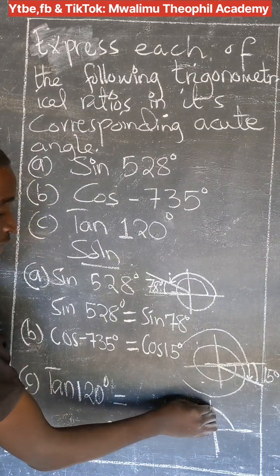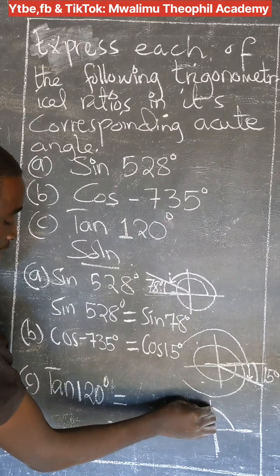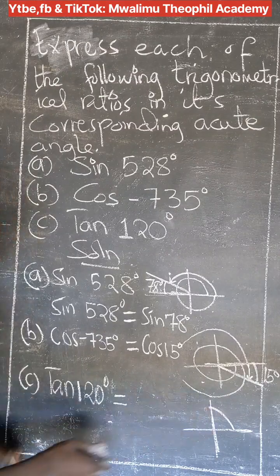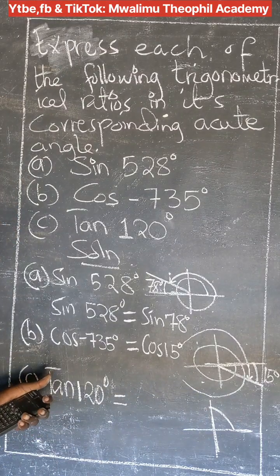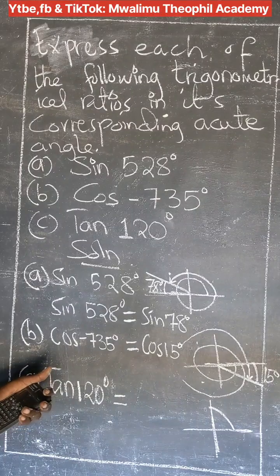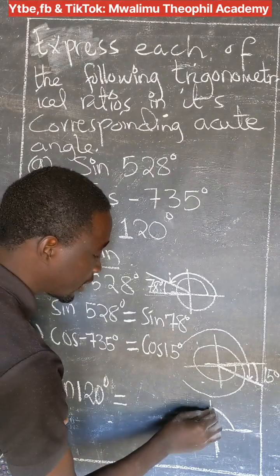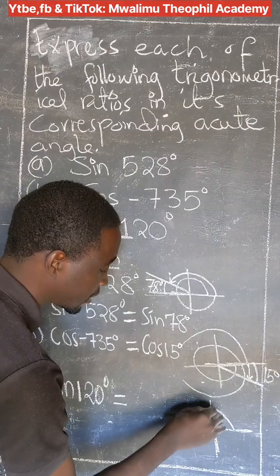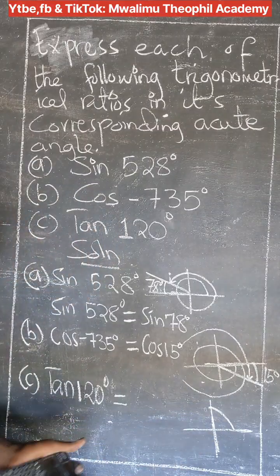This is 90. How many are we left with from 120? 120 minus 90, we are left with 30.